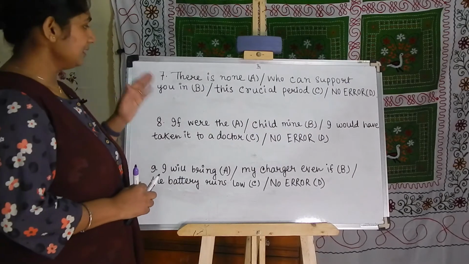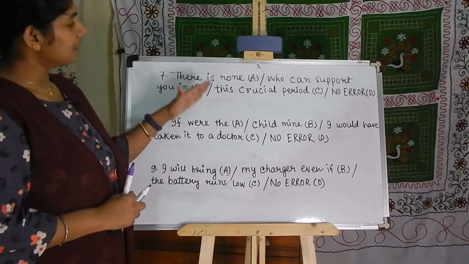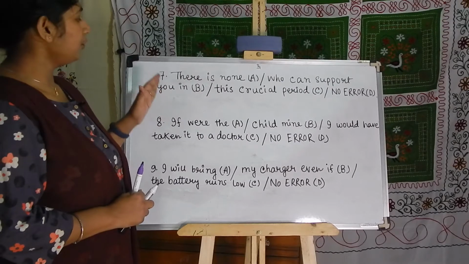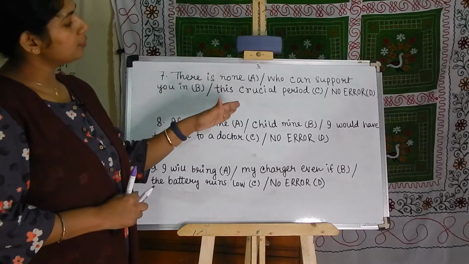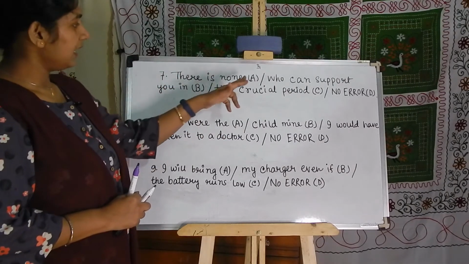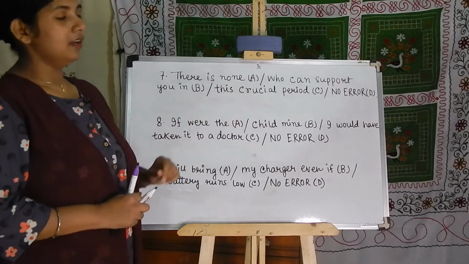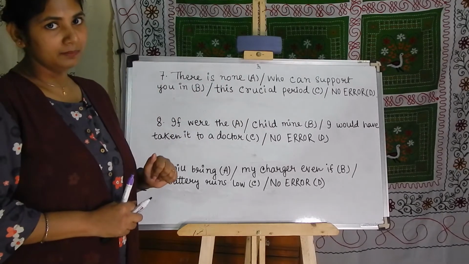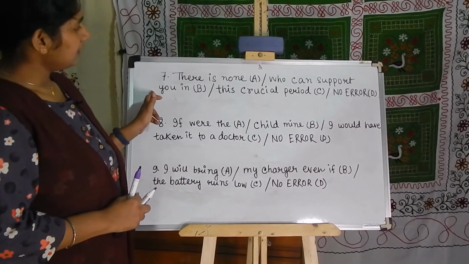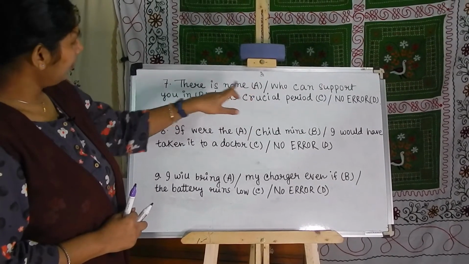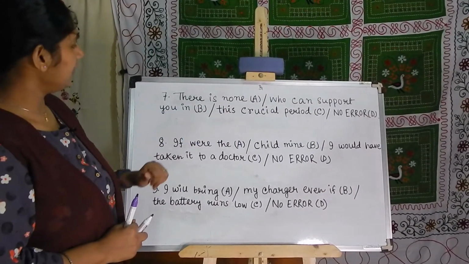Question number 7. There is none who can support you in this crucial period. A, B and C. In which part is the problem? In the who can support you in this crucial period.